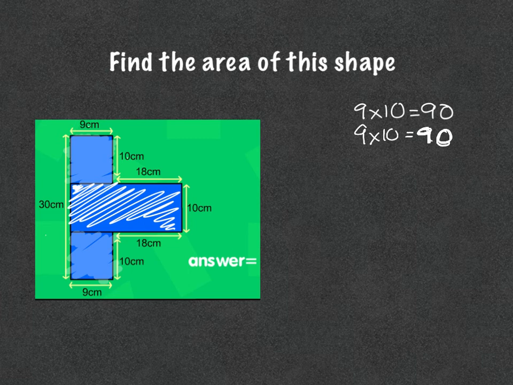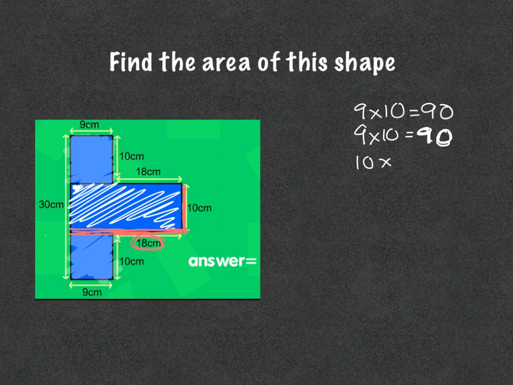Okay, so now we have this center rectangle. We know the height is 10 over here, right? Our height is 10. So we have 10 as our height times, now we have to figure out what this length is. What our dimensions are telling us is that from here to here is 18, right?